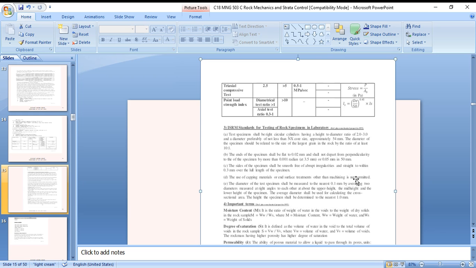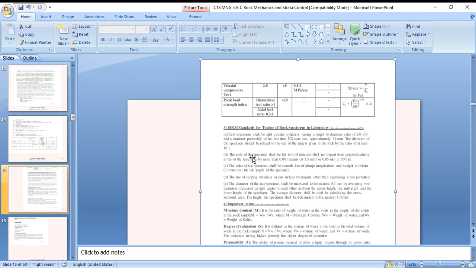So, the ISRM standard for testing rock specimens in laboratories. The specimen shall be a right circular cylinder having a height to diameter ratio of 2.5 to 3.0 and a diameter preferably not less than NX size, approximately 54 mm.